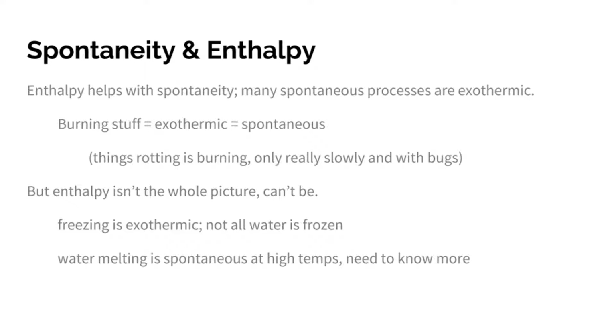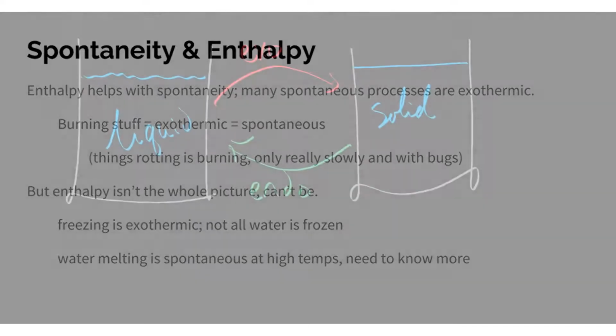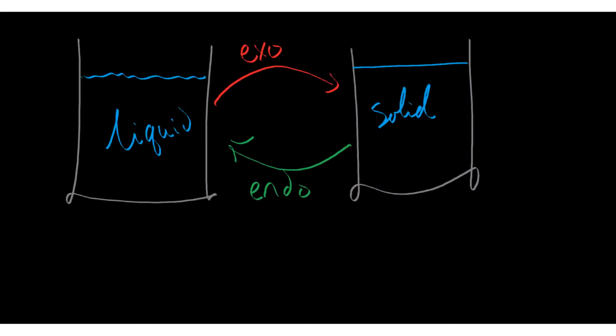Okay? Freezing is exothermic. Remember, going from liquid to a solid requires releasing energy. Okay? The liquid water is warmer than the frozen water, so going from liquid to solid requires a release of energy into the environment. It's an exothermic process. But not all water is frozen.